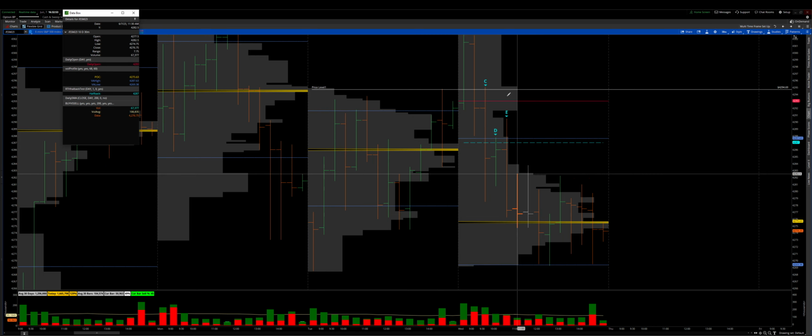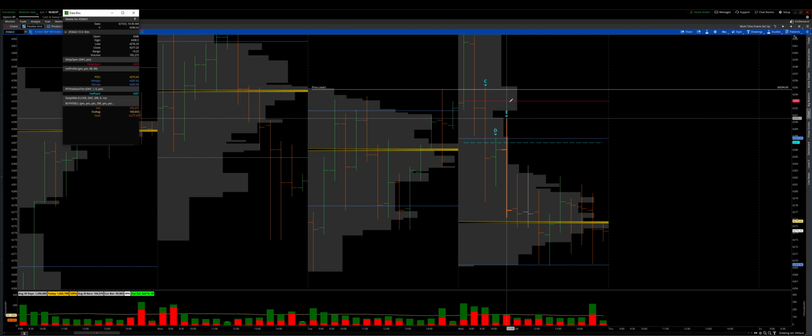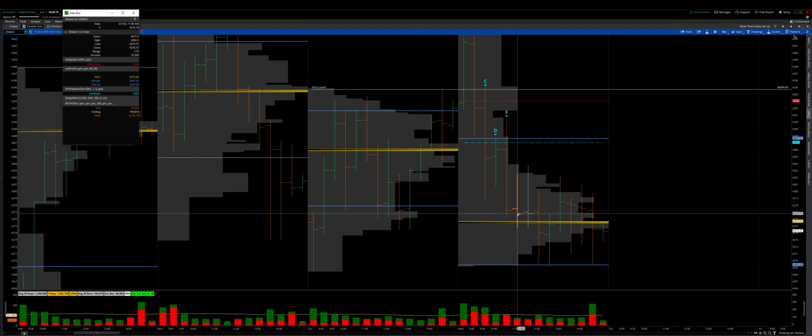So sellers started to pick up some more steam, right? We couldn't get back to the open, couldn't get back above it. So once smart sellers saw that, once big money saw that, they started pushing this market back down. We rotate lower, take out D's low, take out C's low, and guess what? We're back to one time framing down.